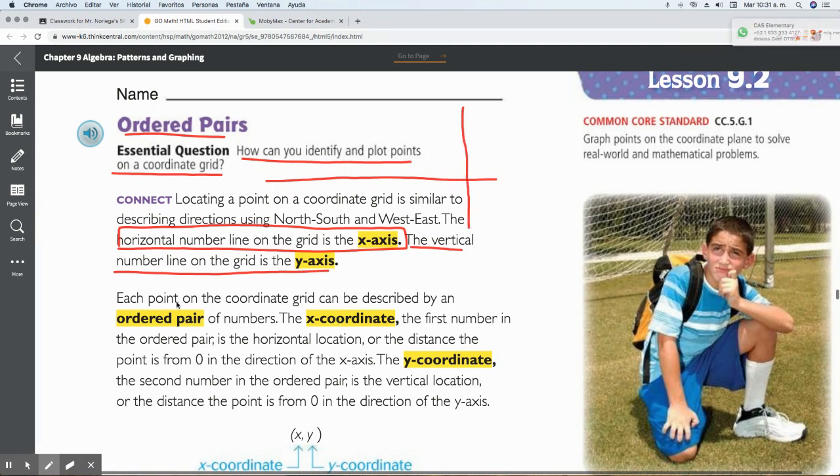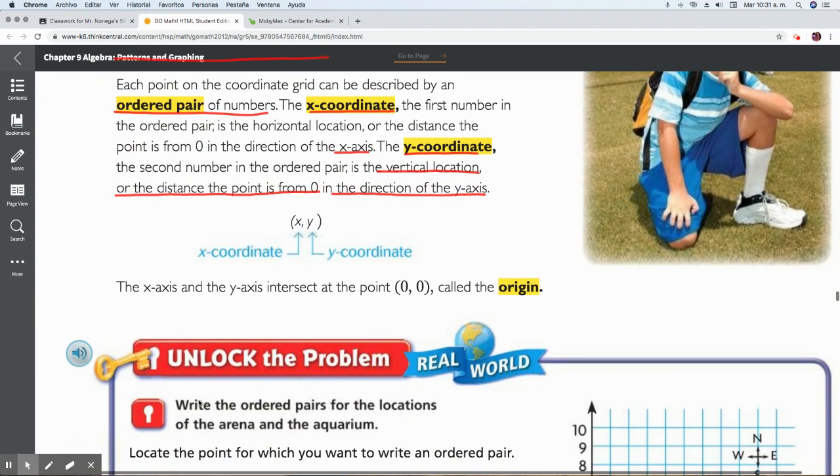Each point on the coordinate grid can be described by an ordered pair of numbers. The x-coordinate, the first number in the ordered pair, is the horizontal location, or the distance the point is from 0 in the direction of the x-axis. The y-coordinate, the second number in the ordered pair, is the vertical location, or the distance the point is from 0 in the direction of the y-axis. What does that mean? Let's look at this right here.